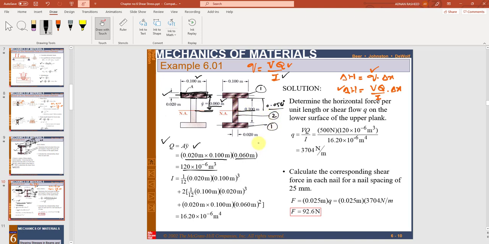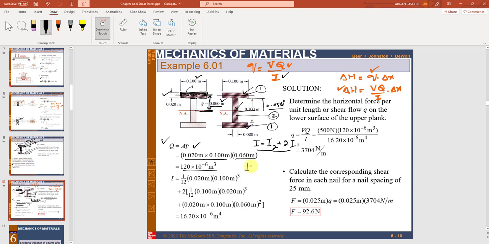So we know that moment of inertia for this beam will be equal to I2 plus 2 times I1, because the moment of inertia of this 1 and 1, that is 2 times, plus the moment of inertia of this 2. So by using this equation we can find out the second moment of inertia of this beam.